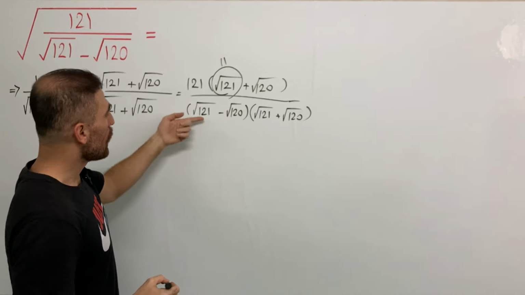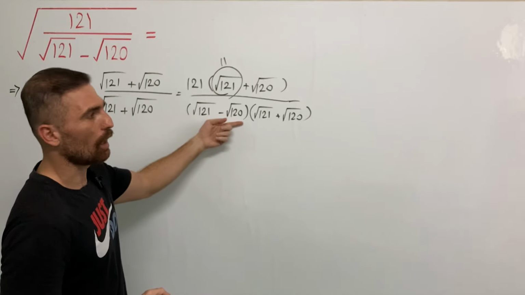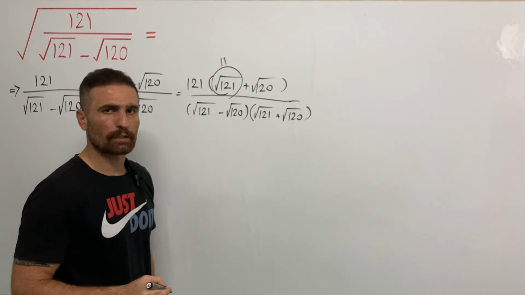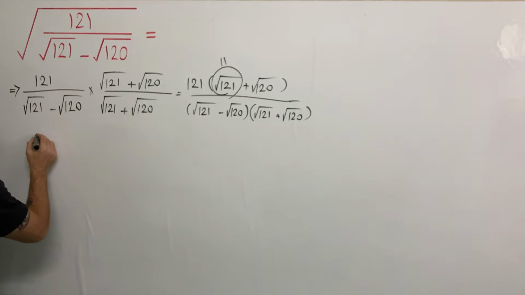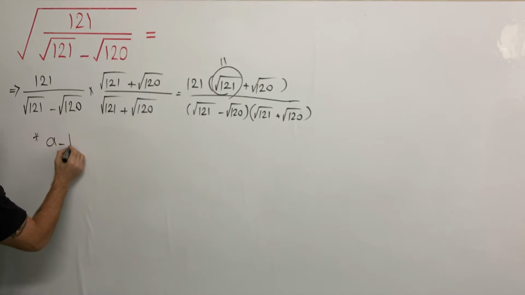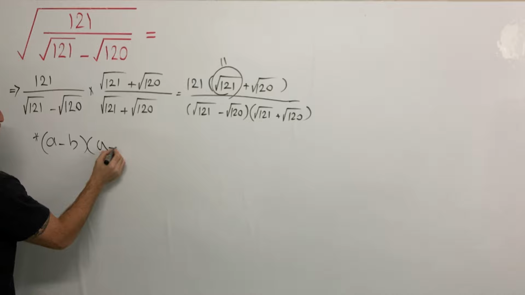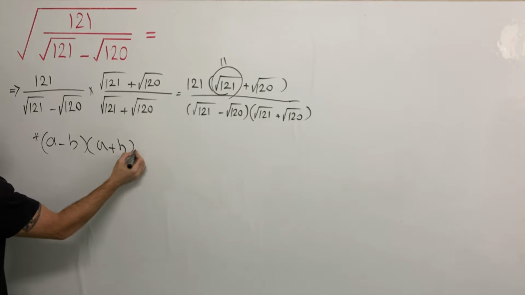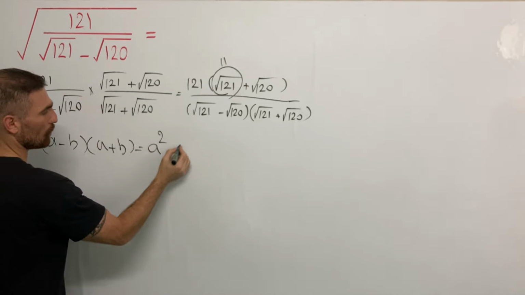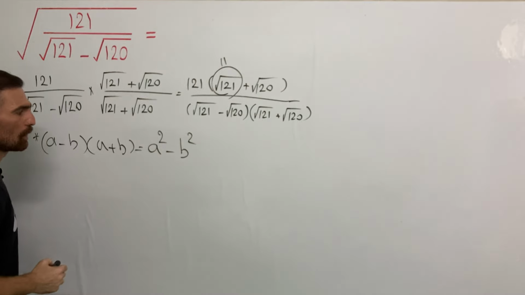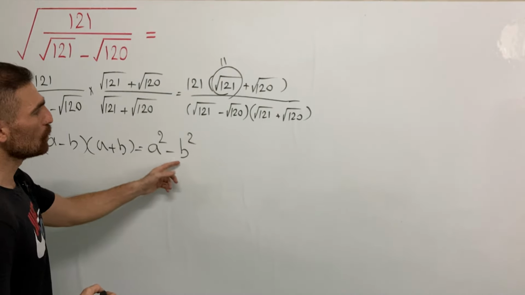What do we have on the bottom? A minus b times a plus b. Can you remember? Look, we have this a minus b times a plus b. It is going to be first term squared minus second term squared, or difference of two squares.